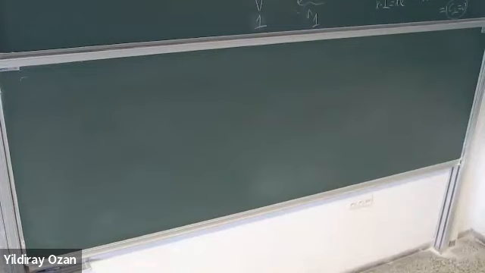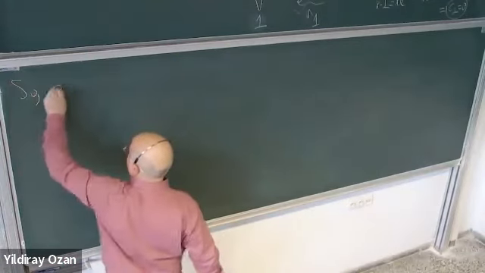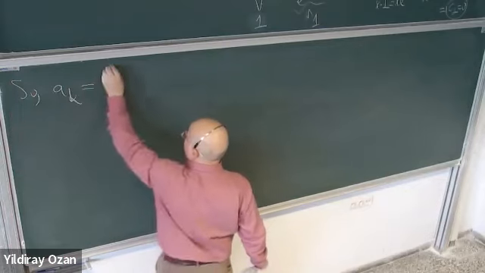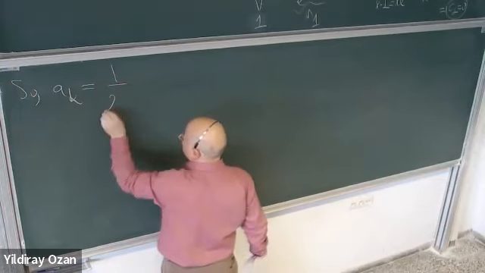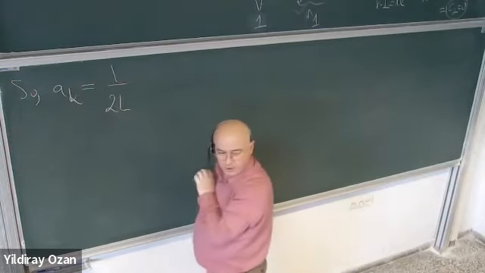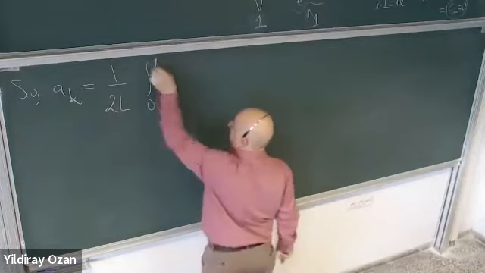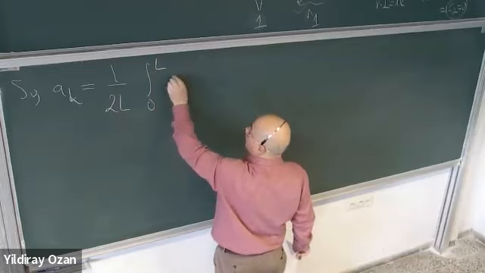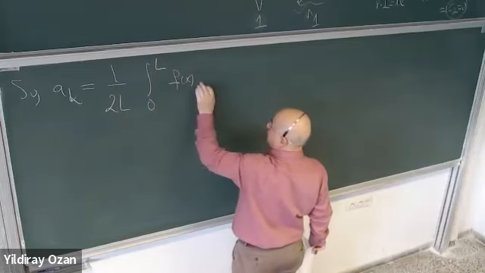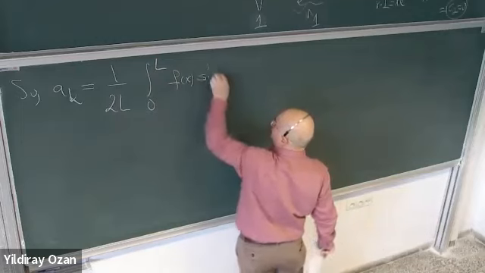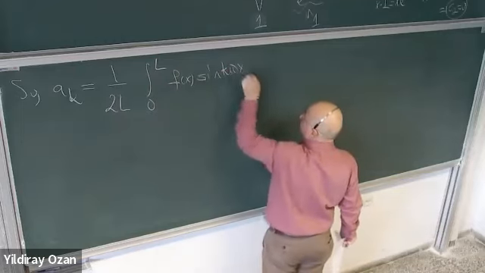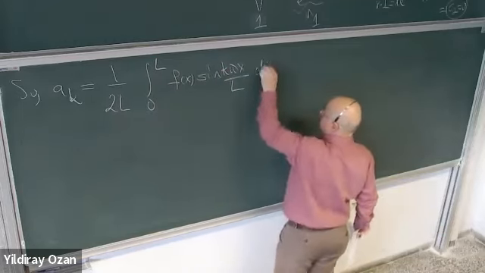So what is A_K in this case? A_K is just 2 over L, the integral from 0 to L of f(x) sine(K pi x over L) dx.